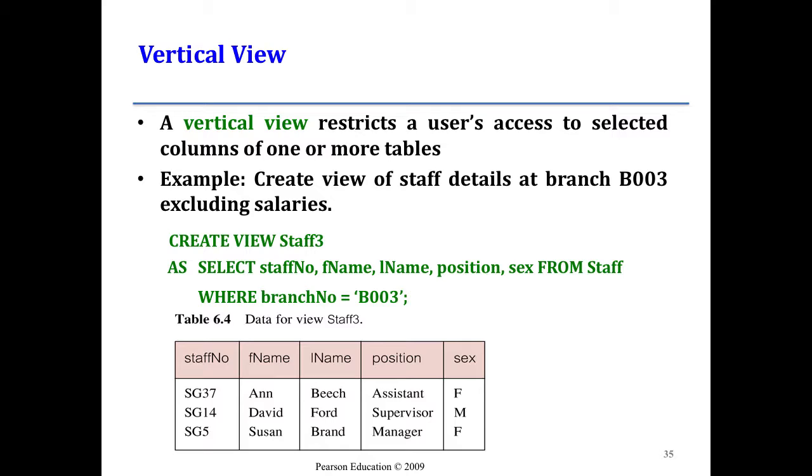So in this case, I've called this create view staff 3 because it's actually on the staff at branch 3. So it's kind of a vertical and horizontal view combined. And I might have called this staff 3 directory because perhaps that's what this view represents. And as you can see, my defining query has now listed the columns that I'm interested in, and it's omitting the salary attribute. So that is a vertical view.